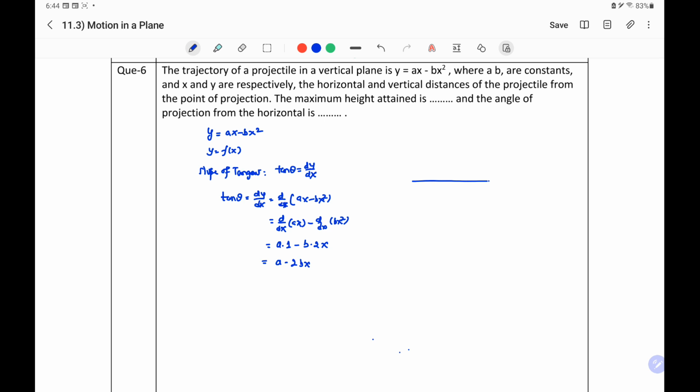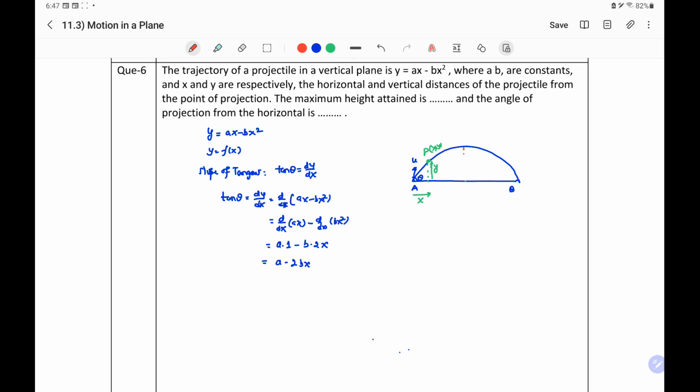If we draw a figure for the projectile motion, it is a parabolic path. At A, the projectile is projected with speed u at an angle theta. Suppose we take an arbitrary point on the projectile path, say P, which has the coordinates x and y, meaning its distance along the horizontal axis is x and along the vertical axis is y.